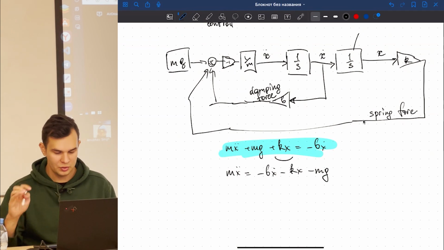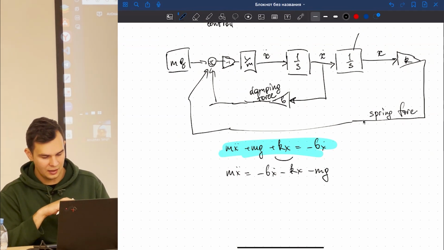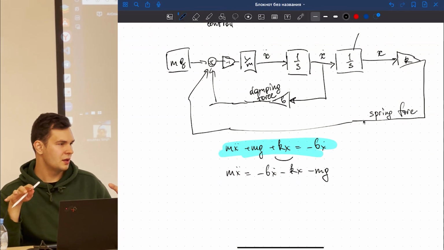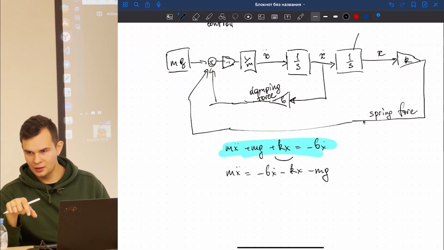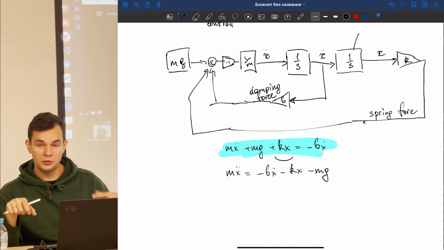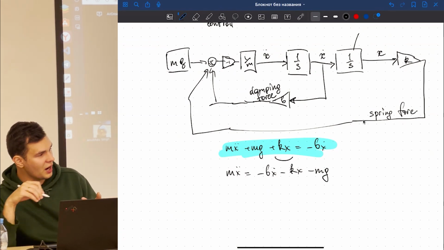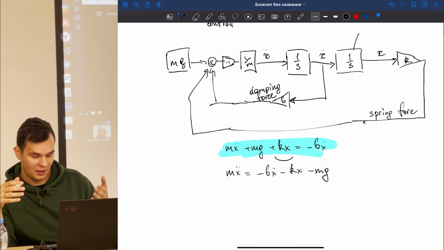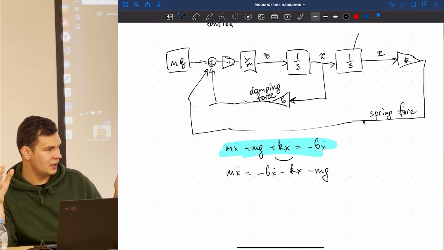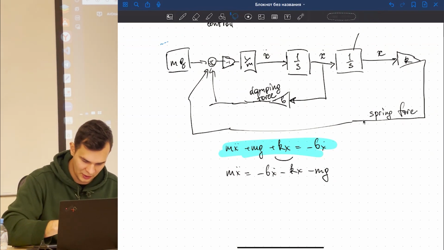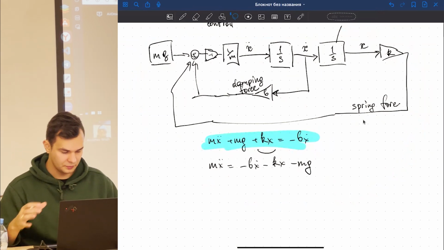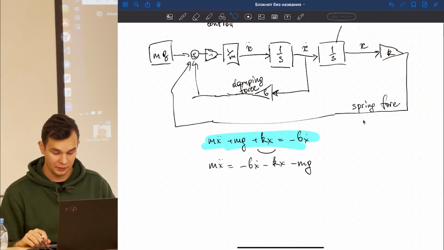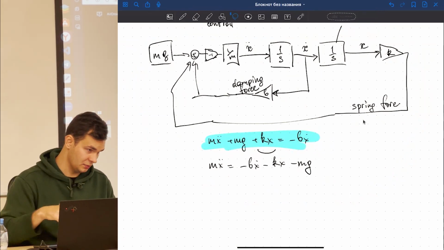And this is how, using just summator, gain, and integrator, you can create a structure according to the equation. So we derived an equation by hand. We have got an equation, and then we can use, for example, Simulink just to create a block diagram, and then we can simulate it.